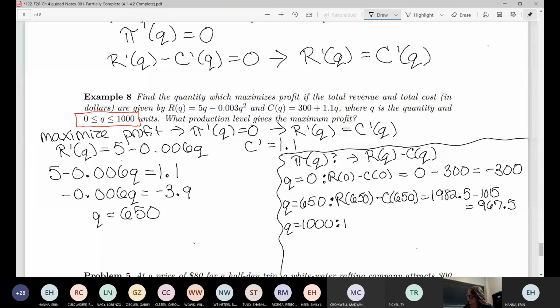And then if we plug in 1,000, we should get 2,000 minus 1,400, which would give us 600.